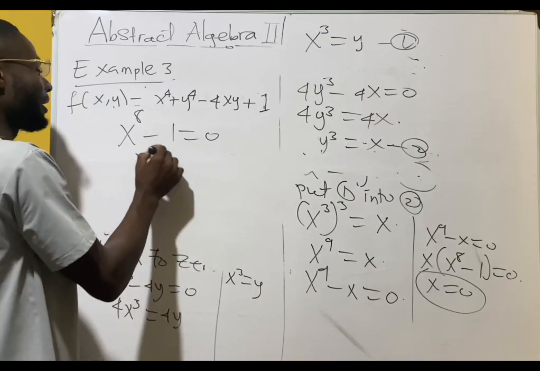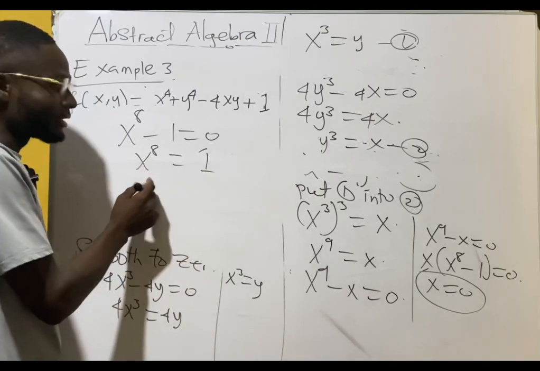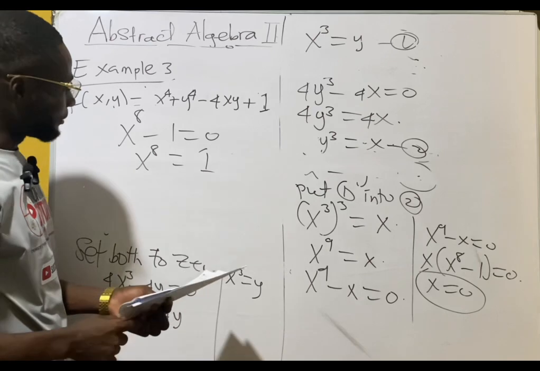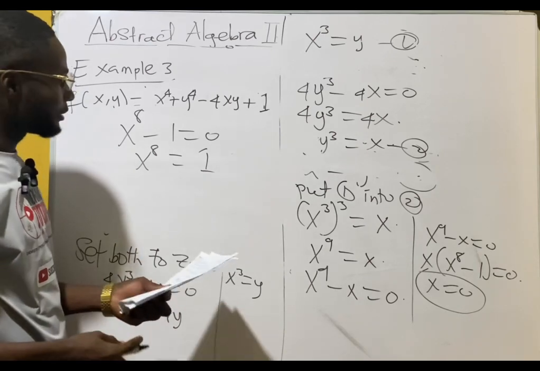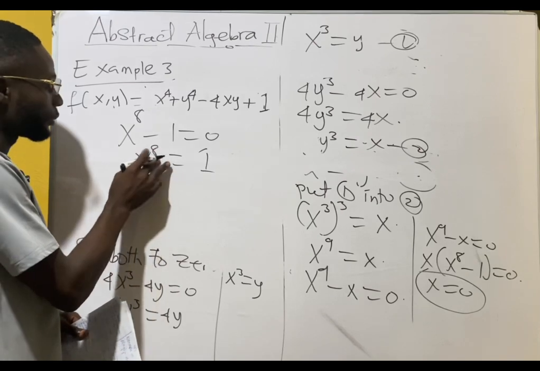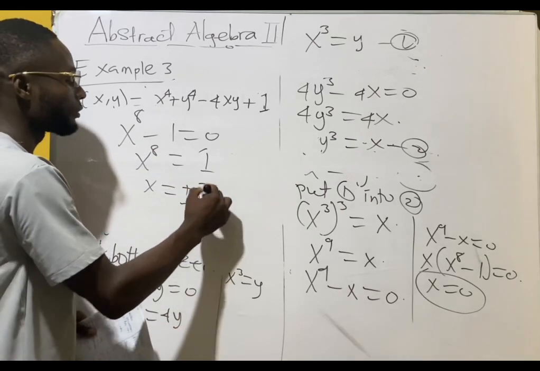So this means that x to the 8 is equal to 1. So this basically means that when you take the 8th root on both sides, right? So that is going to be a plus or minus, because this is an even number. So we're going to have x equals plus or minus the 8th root of 1.